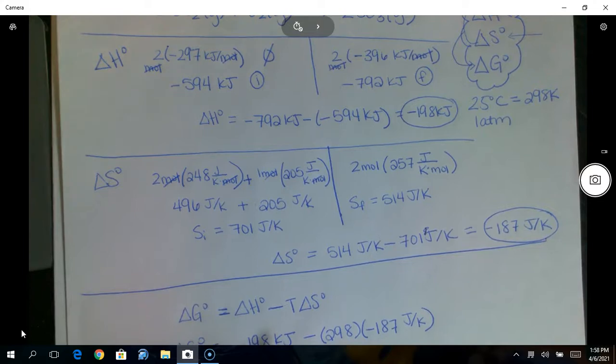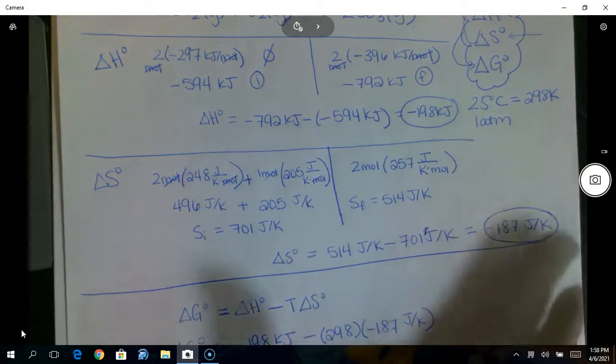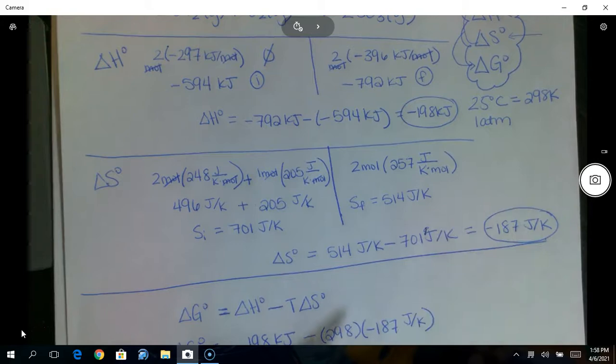We're going to put this in kilojoules, because otherwise it's going to be a really big value. So this needs to convert to kilojoules as well.